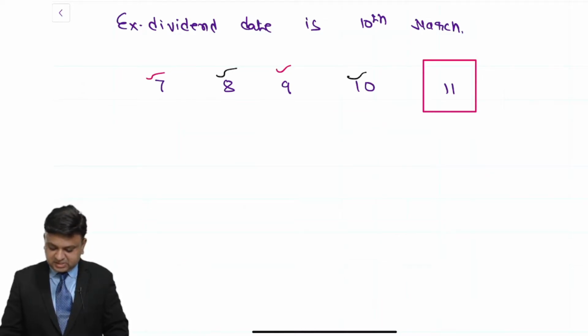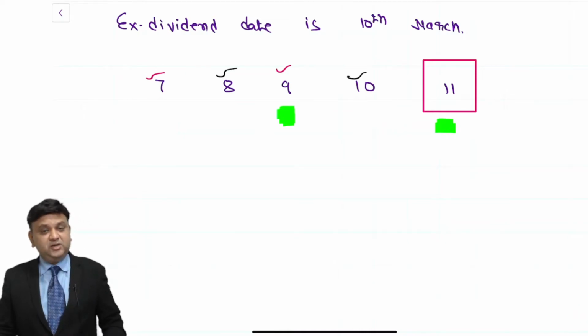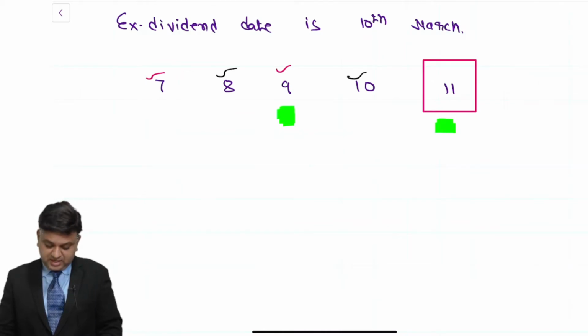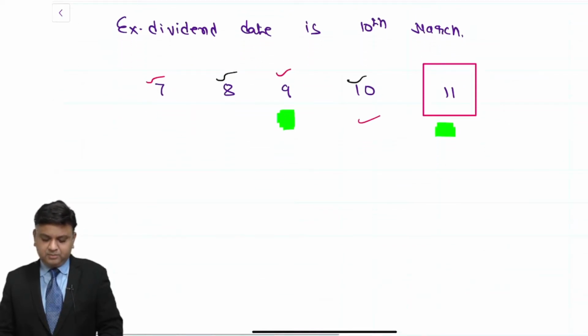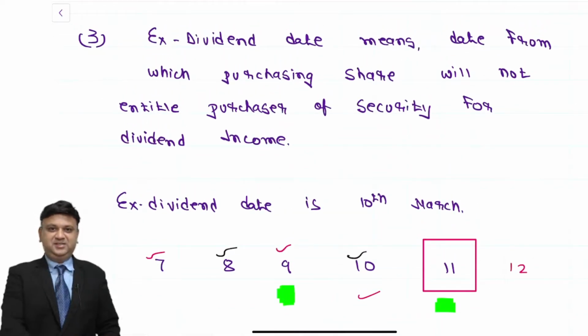If you purchase on 9th, your name will be there on 11th. So if you purchase on 9th, you are still eligible for dividend. However, if you purchase the security on 10th, you will not be entitled for dividend. Why? Because your name will be in the shareholders register on 12th, and by that time the company has already prepared a list of the shareholders who are entitled for dividend. This is what we understand.